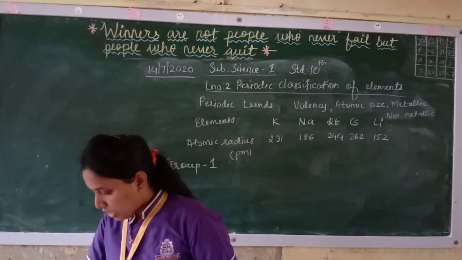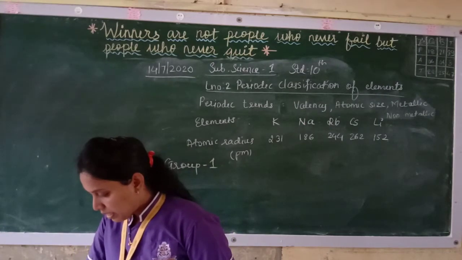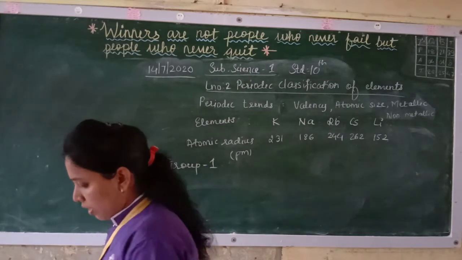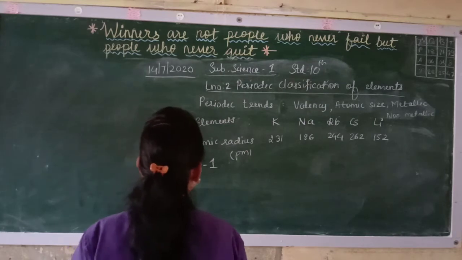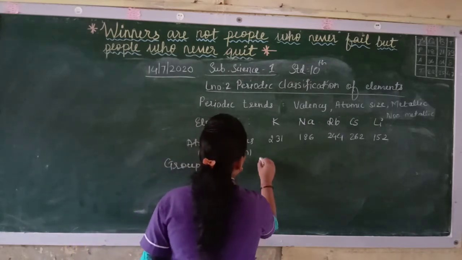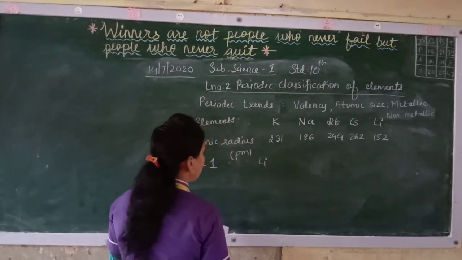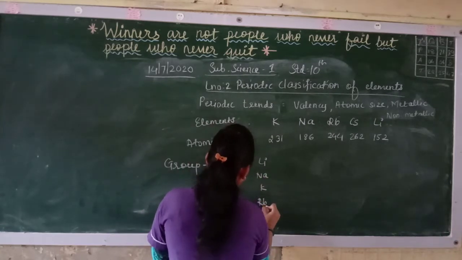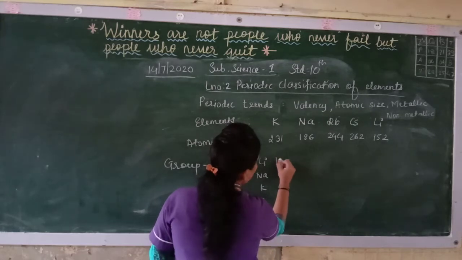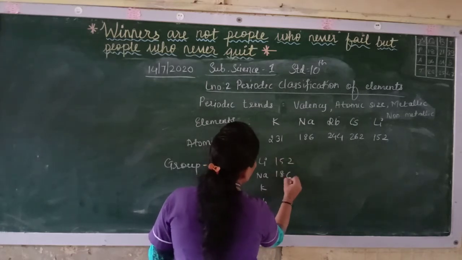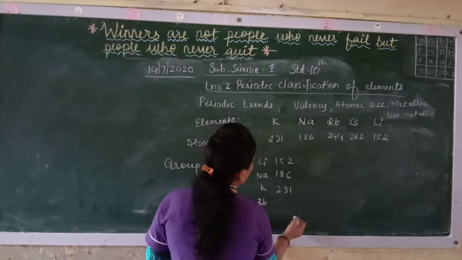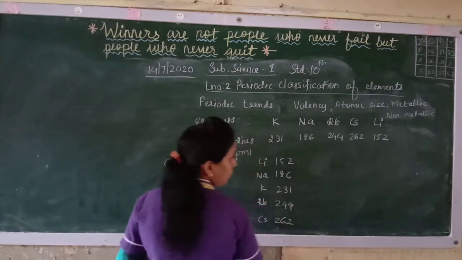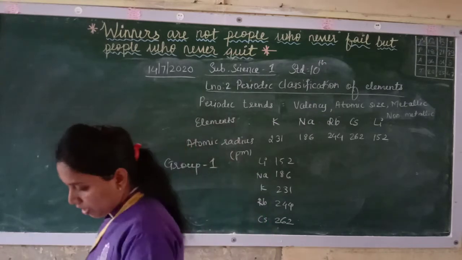Then arrange the above elements vertically downwards in increasing order of their atomic radii. So how will you arrange in increasing order of atomic radii? First we will have lithium, then sodium, potassium, rubidium and cesium. So lithium is how much? 152. Sodium 186, potassium 231, rubidium 244 and cesium 262.